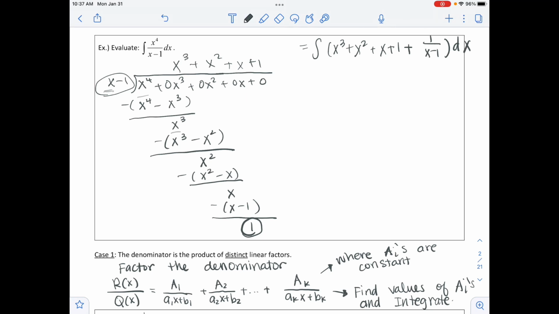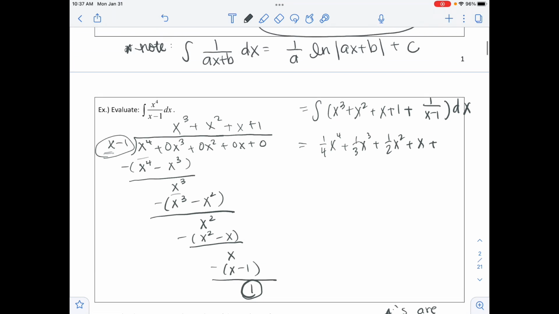And then from here we're able to integrate, and we end up with 1/4 x to the 4th plus 1/3 x to the 3rd plus 1/2 x squared plus x. And then integrating 1 over x minus 1, if you use that formula that we wrote down here, you can still use u substitution though.